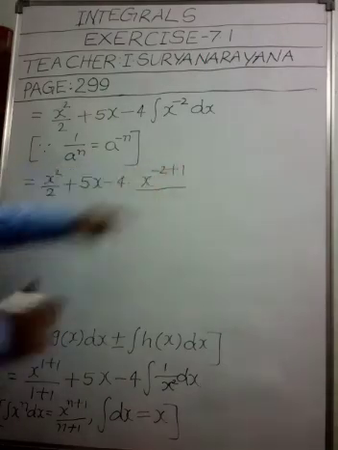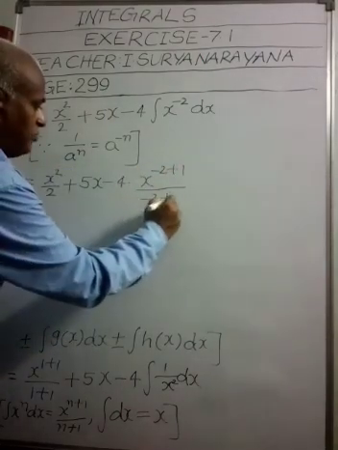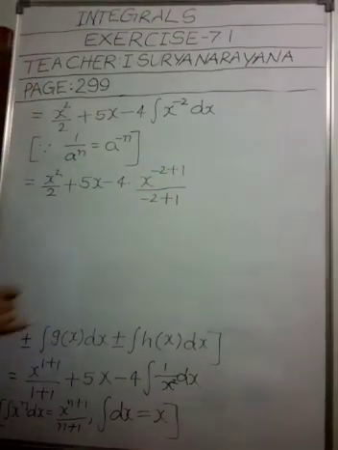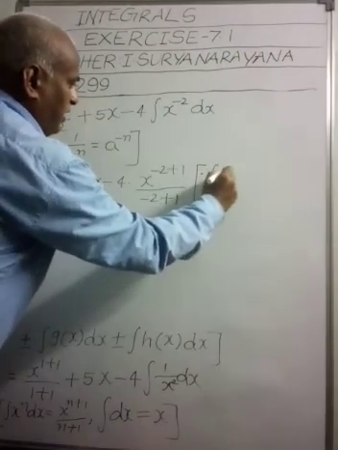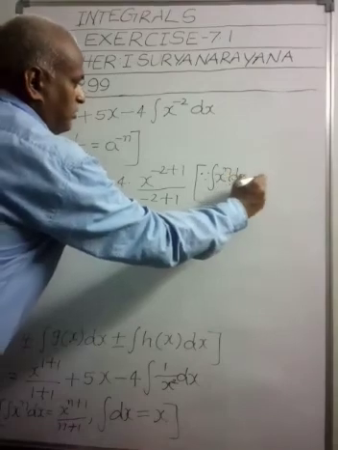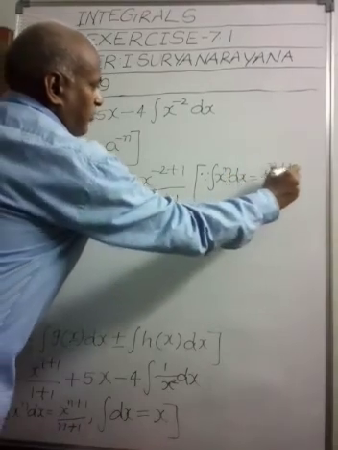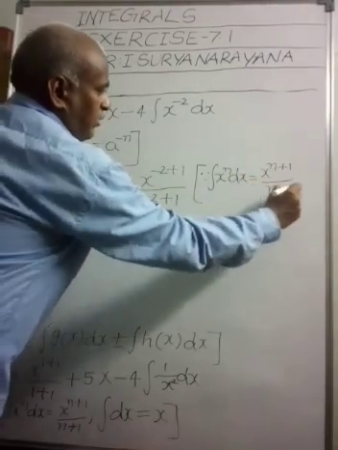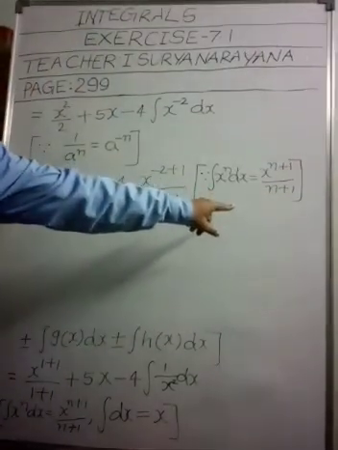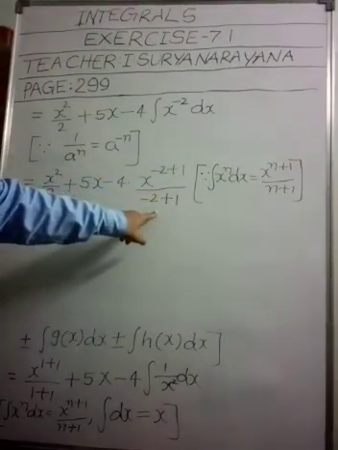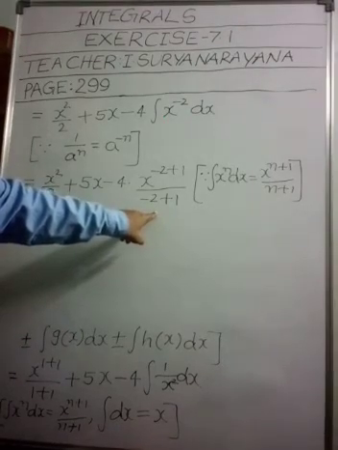So minus 2 plus 1 by minus 2 plus 1, because integral x power n dx is equal to x power n plus 1 by n plus 1. By using this integral formula, we wrote the last term. Understood this last term, my children?